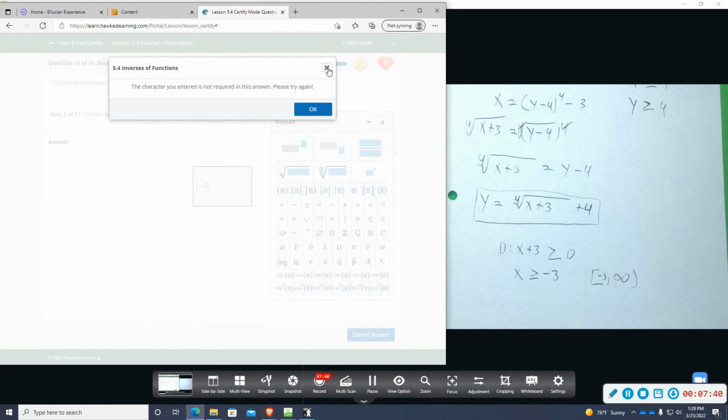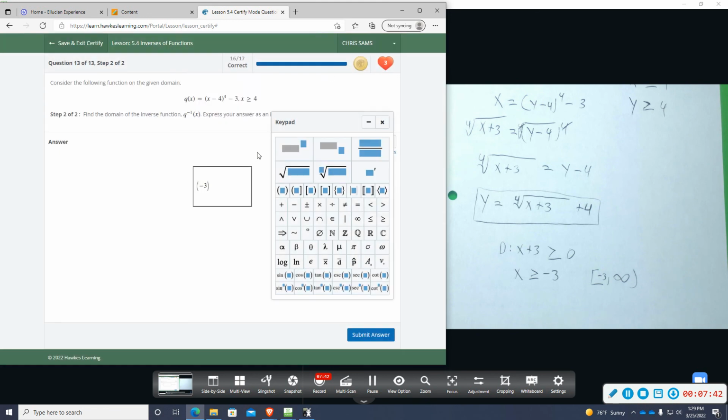It won't even let me do a comma. So what are they wanting here? Negative 3. Find the domain of the inverse function. This is our inverse. This would be the domain. They won't let me do this or even put a comma. So I'm not entirely sure of what they're asking for.